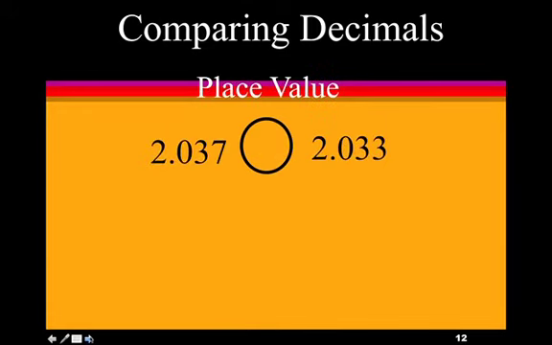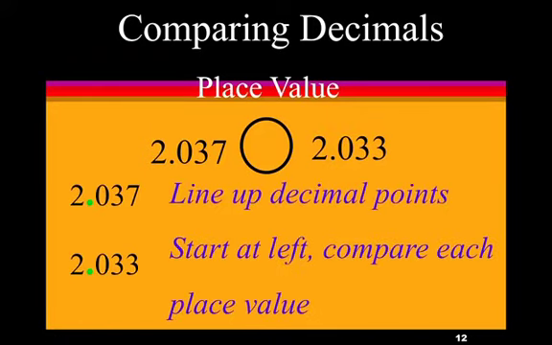You can also compare decimals by using place value. Let's compare 2.037 and 2.033. The first thing you have to do is line up the decimal points. Then you have to start at the left, comparing each place value.